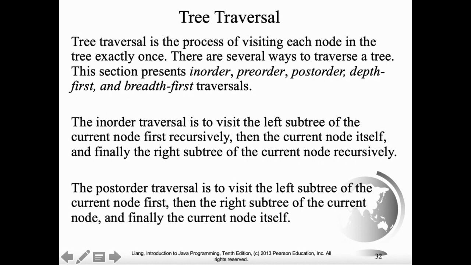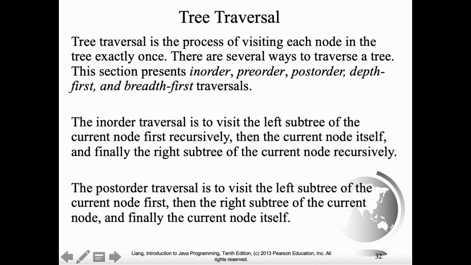So I'm going to see all the left children first, and when I'm done with all the lefts, then I go to the current node itself, so basically all the middle ones. And then if there are no more middle ones, finally I go to the rights, all the way through all the rights.